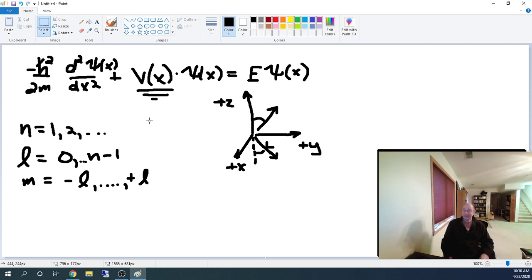The reason we know that they have spin is because the Stern-Gerlach experiment observed that electrons in a non-uniform magnetic field get deflected. One goes up, one goes down, corresponding to how their magnetic moment is aligned or anti-aligned with the non-uniform field.